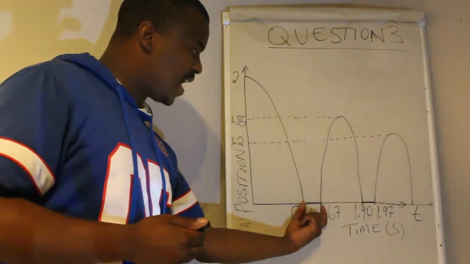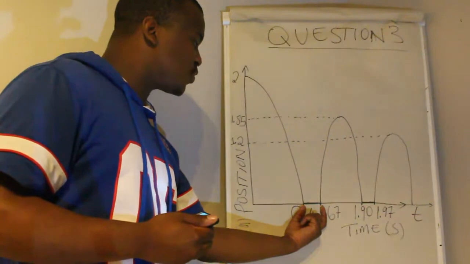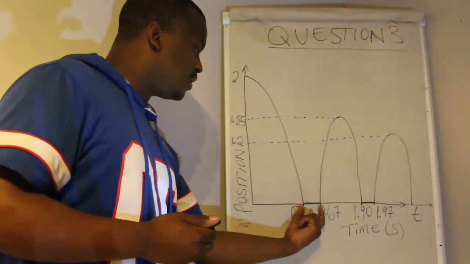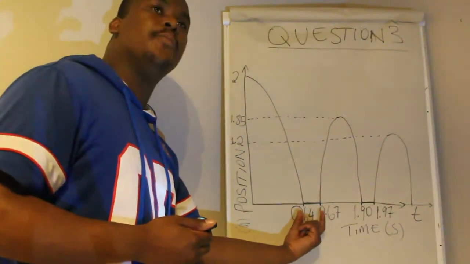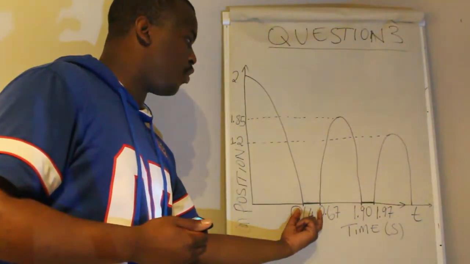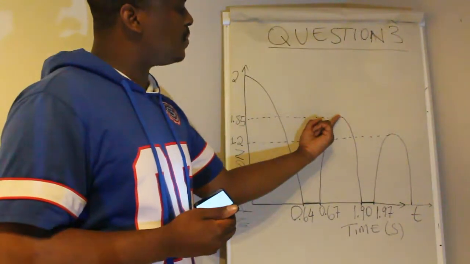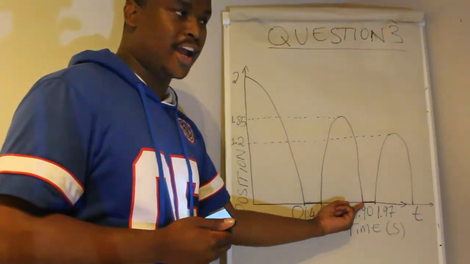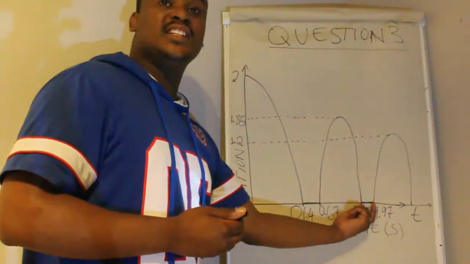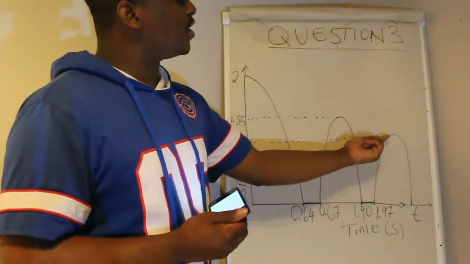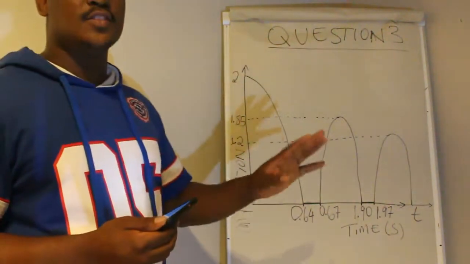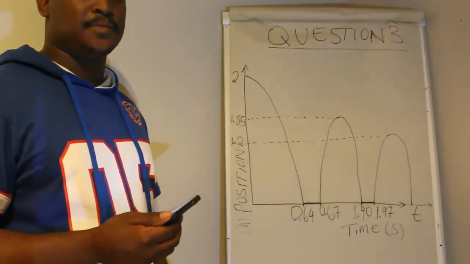And then here again, this is the time in which the ball is in contact with the floor. It goes up, reaches the maximum height, goes down, hits the floor again. This is the time in which it is in contact with the floor. Goes up, reaches the maximum height, and goes down again. So this ball of ours bounces off the floor several times.